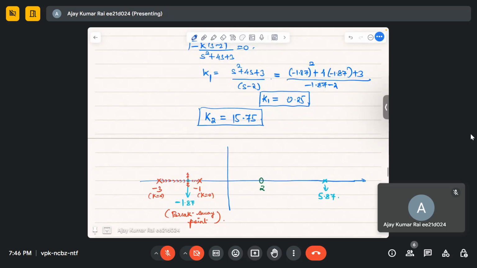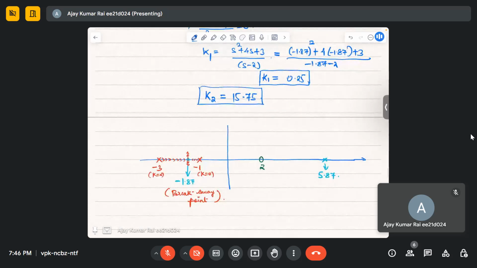So clearly you can see there exists one zero, right? So what can happen is this one will go from here and it will cross the imaginary axis, and it will go like this. So you see this is the root locus. And what can we say here? Two root loci are entering into the real axis. So this is the break-in point, right?